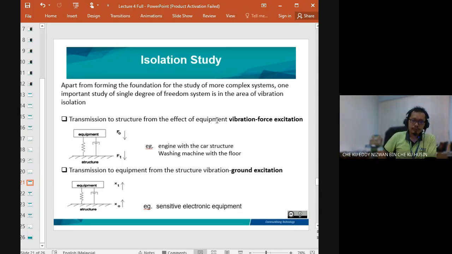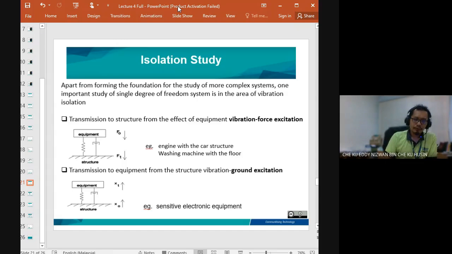Okay, so basically if you have the vibration source, which produces the vibration, for example, a motor or the engines, you want to isolate the vibration from the motor or from the engines from being transmitted to the other structures.